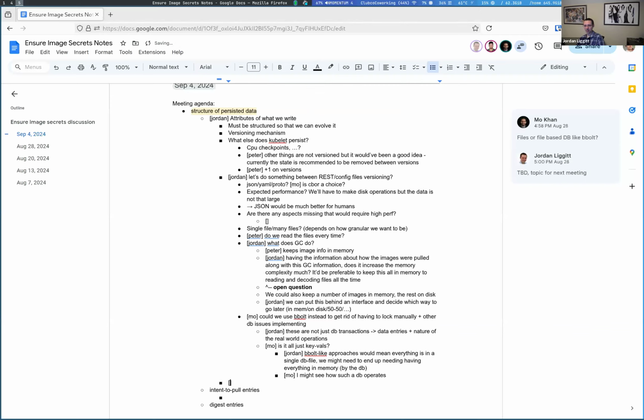The files are here, they're inspectable. When you garbage collect an image, you delete the corresponding file that has its bookkeeping info in it. On startup, any files in the intent to pull folder need to be gone through and dispositioned one way or another.